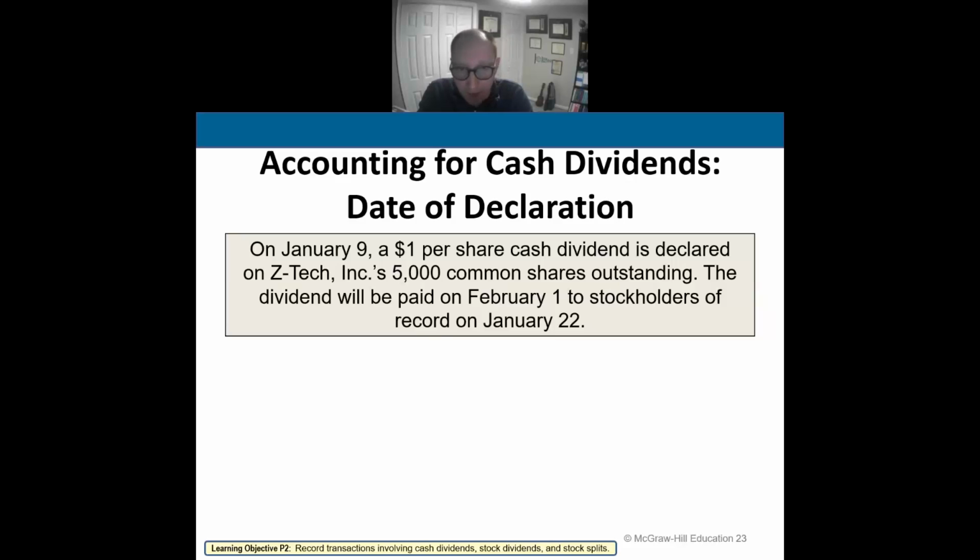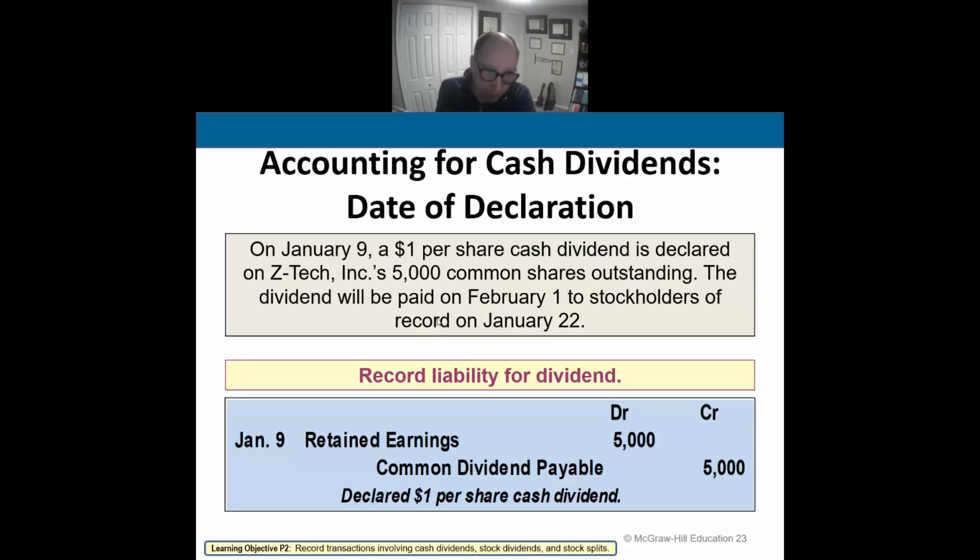The dividend will be paid on February 1 to the stockholders of record on January 22. So in other words, whoever's still a stockholder on January 22nd will receive a $1 cash dividend for each share of stock that they have. And they'll receive that payment on February 1.